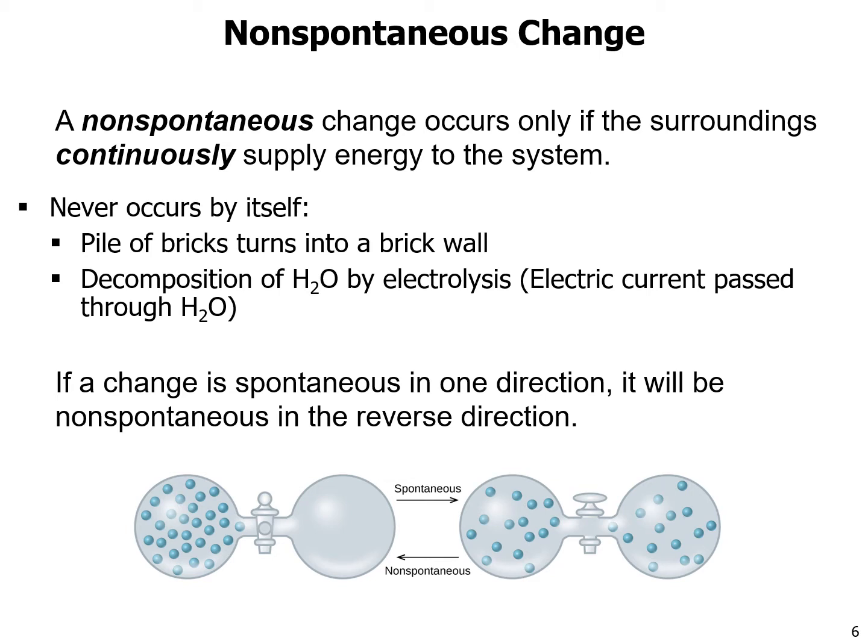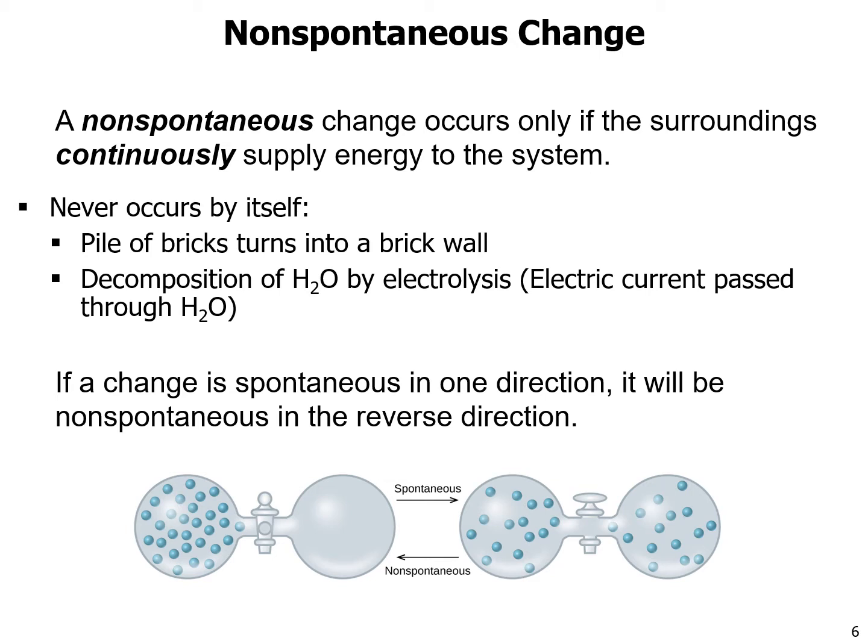For instance, right here, if I have these two bulbs connected to each other by this valve and I have some gas in one of these bulbs and I open this valve, what is going to happen? All these gas molecules are going to distribute in both these bulbs, right? This process is a spontaneous process. On the other hand, the reverse process is going to be a non-spontaneous process.